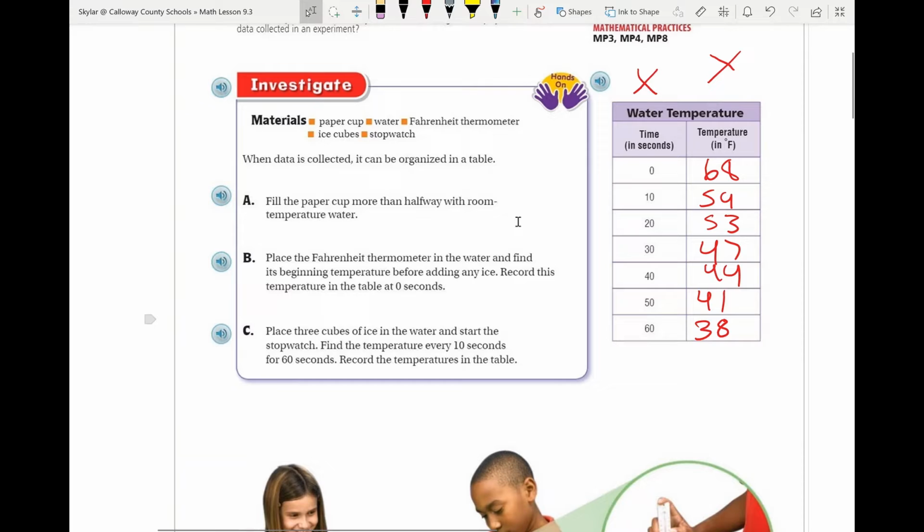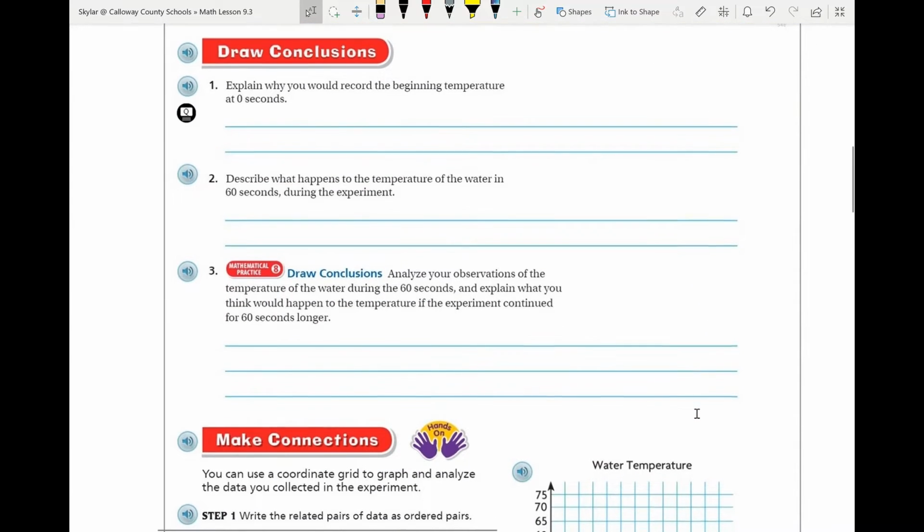So that's pretty quick. 10 to 20, 6 degrees difference. Another 6 degrees difference at 20 to 30. But then we realize something. It kind of calms down a little bit. It doesn't go down as quickly. Sure, the temperature's still going down, but it definitely slows up.